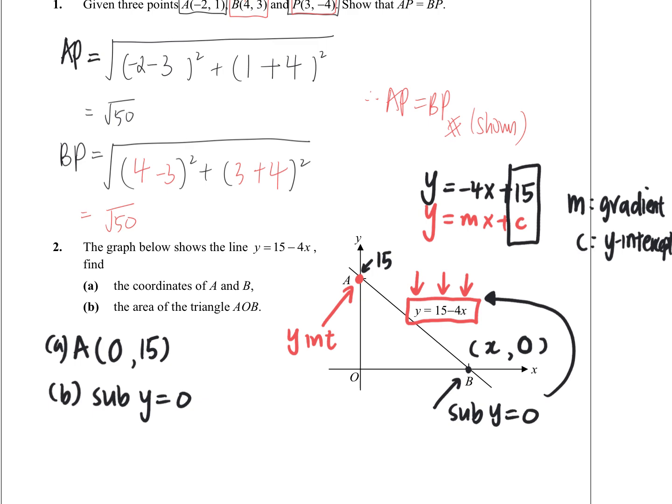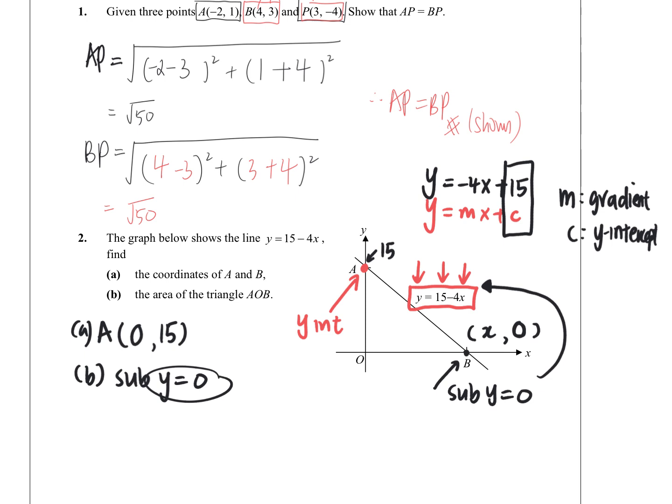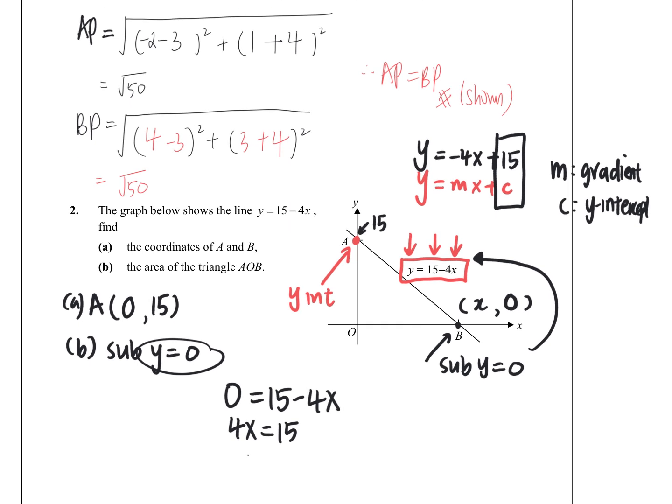It's just M and C that are essential. So you sub y as 0. You get 0 equals 15 minus 4x. Just solve normally. 3.75. Okay, correct. So the coordinate of B is 3.75, 0.